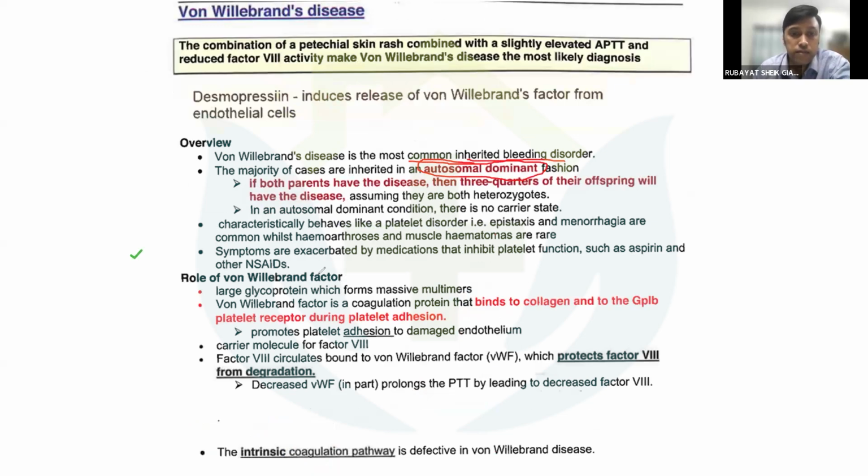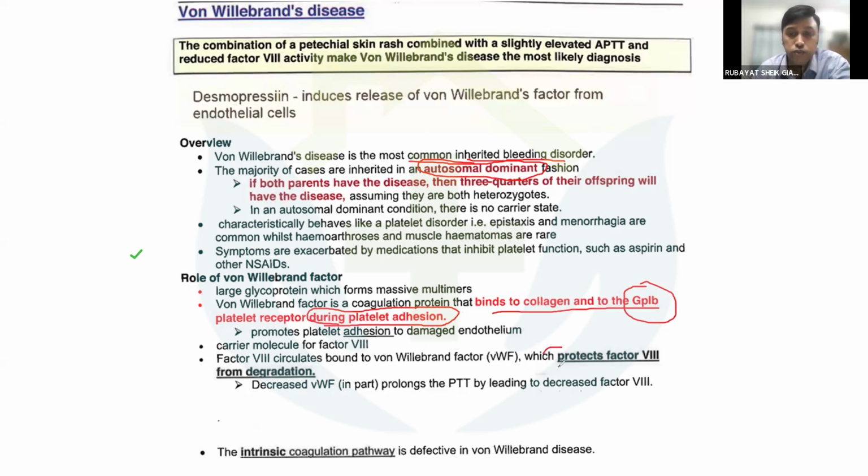So what is the important function of von Willebrand factor? This is asked sometimes. It binds to collagen, subendothelial collagen, and to GP1B receptors on the platelets, helping in platelet adhesion. So this is an important function you need to know. This is sometimes asked in the exam.